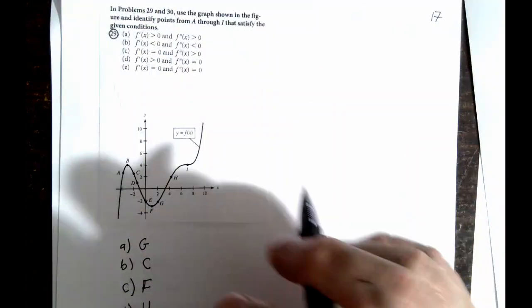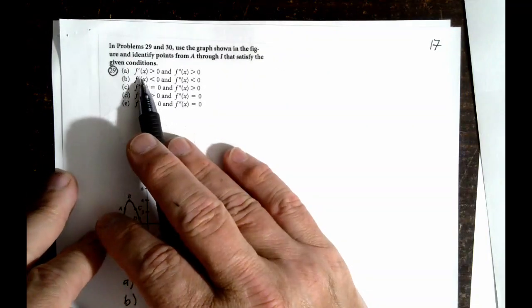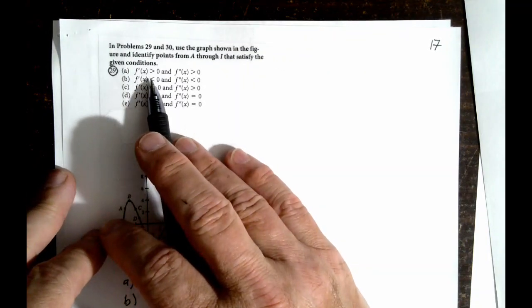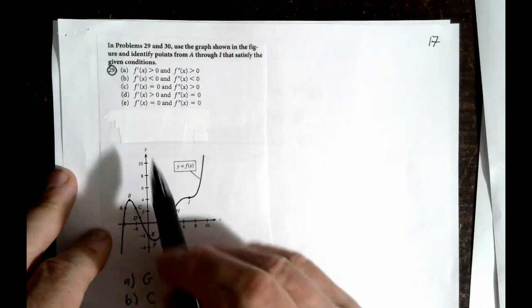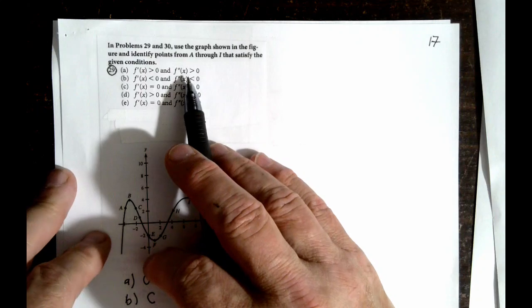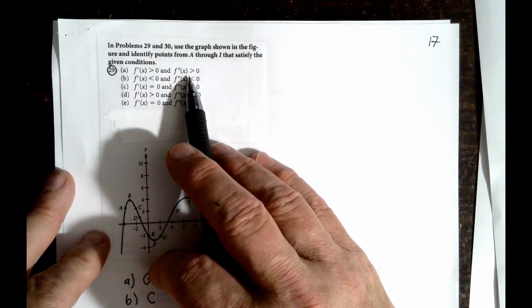29, they give you the graph and they ask you a bunch of questions here. So the first one they say is find where the first derivative is greater than 0, meaning it's increasing. Okay, they want where it's increasing, but they also want where the second derivative is positive, meaning it's concave up.